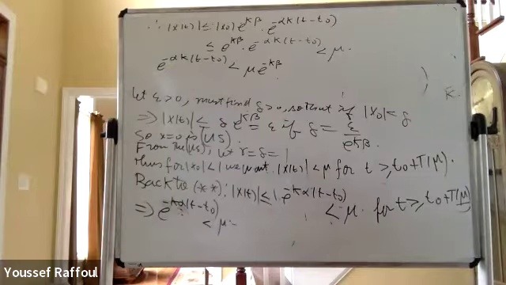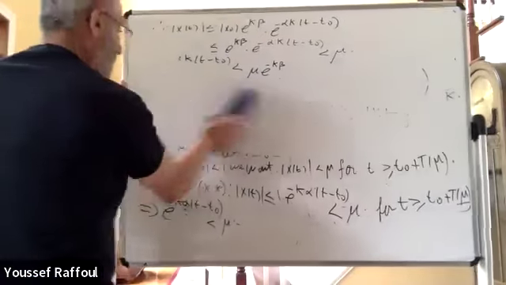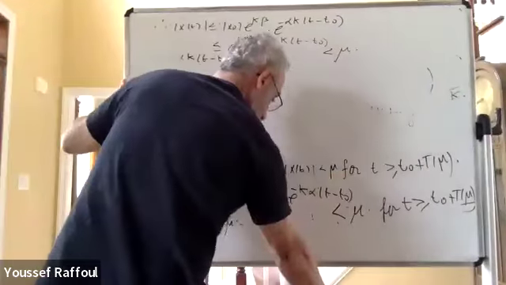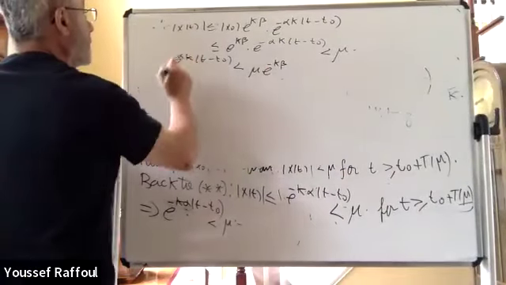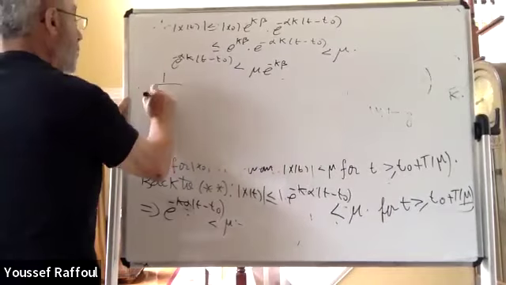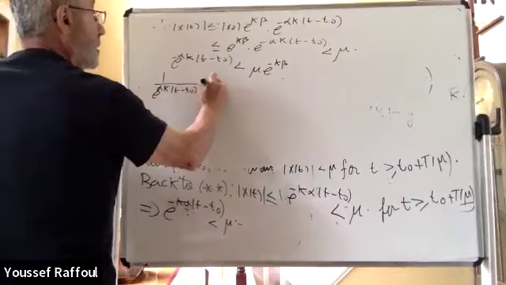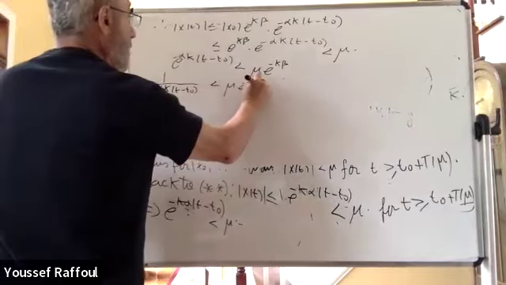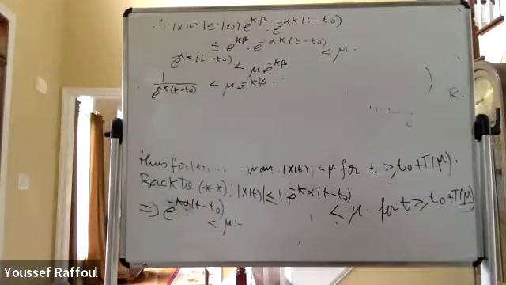This means 1 over e to the alpha k (t minus t naught) is less than mu e to the minus k beta.